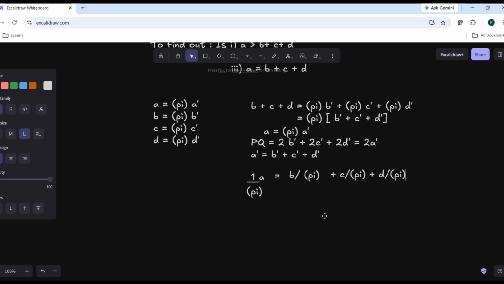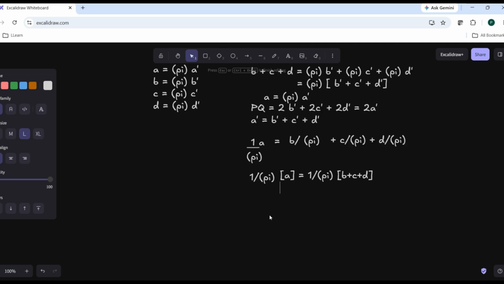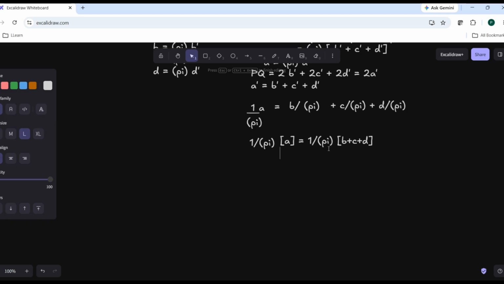Now this 1 by pi is common on both the sides, so we can easily remove it. A is equal to B plus C plus D.